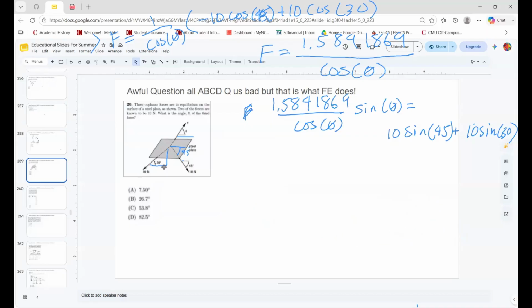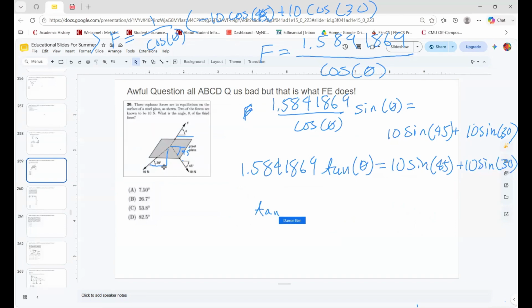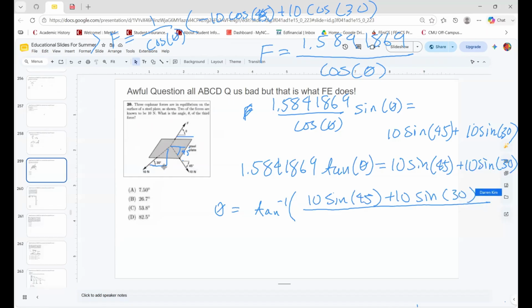So what that means is that we can do 1.5841869 tan theta equals 10 sine 45 plus 10 sine 30. So we could just do arctan, theta equals 10 sine 45 plus 10 sine 30 divided by 1.5841869.